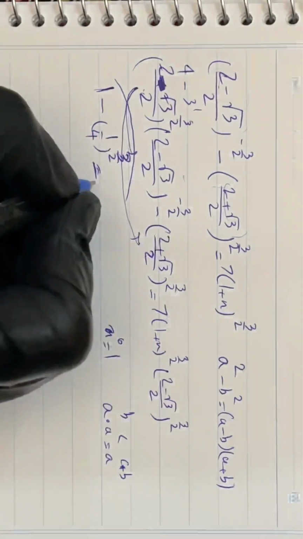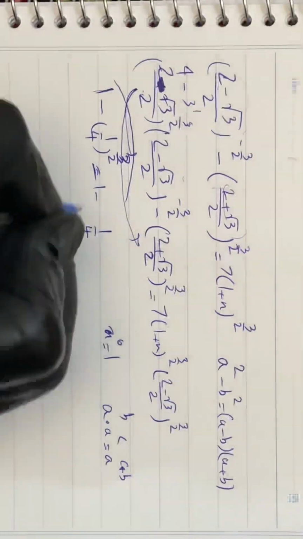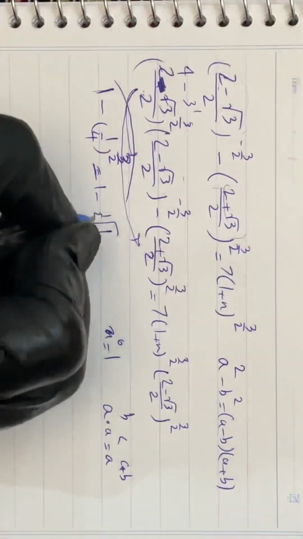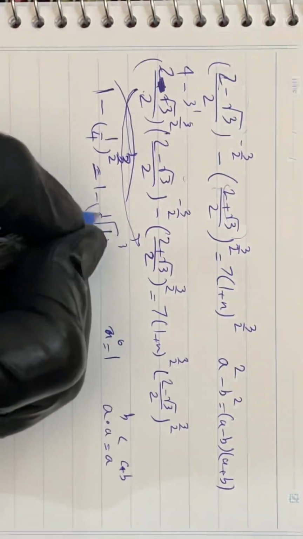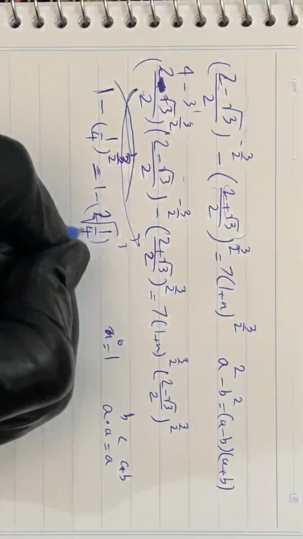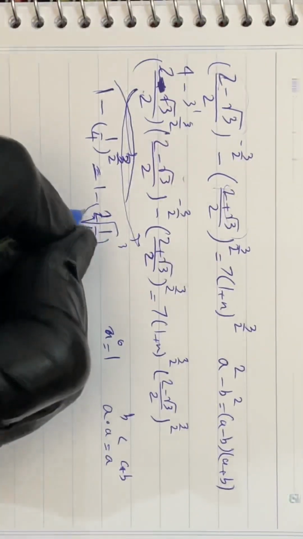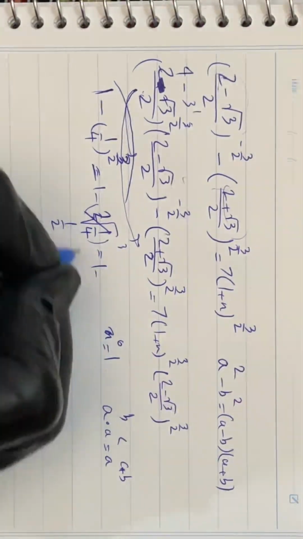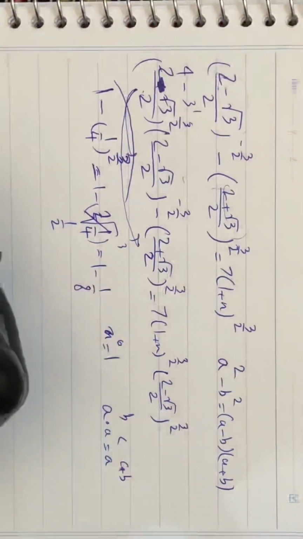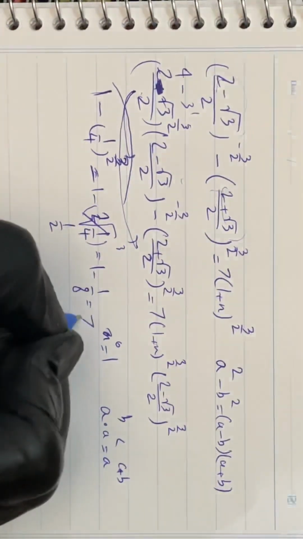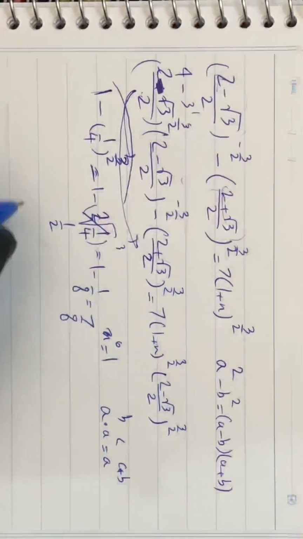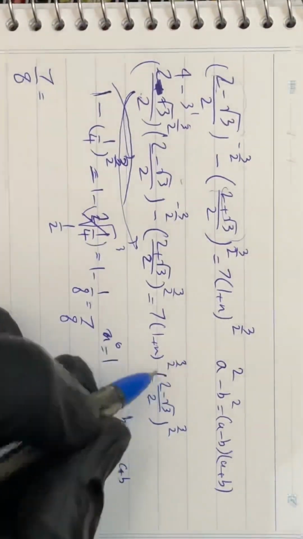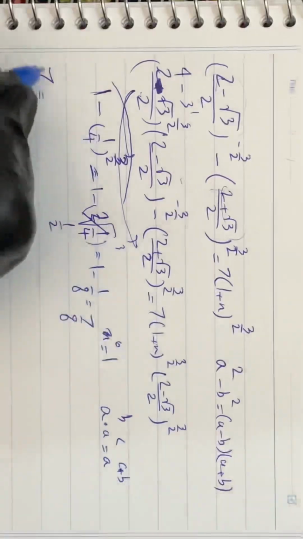It's actually 1 minus 1 over 4, which is 3 over 4. Its radical is radical 3 over 2, and this to the power of 3 would be 1 over 2 to the power of 3, so 1 over 8. So the whole left-hand side would be 7 over 8 equals this. And we have 7 here. Let's simplify this 7 with this 7.